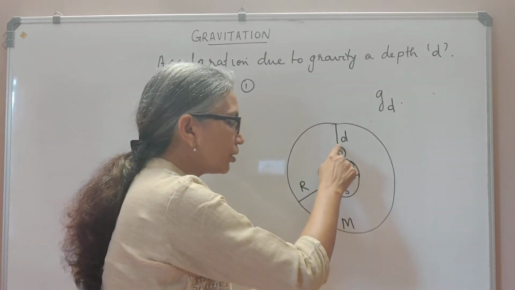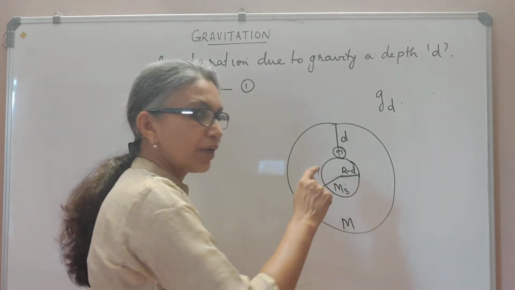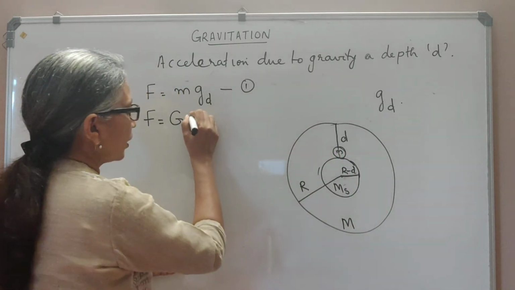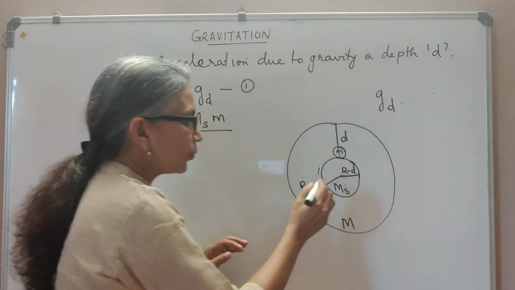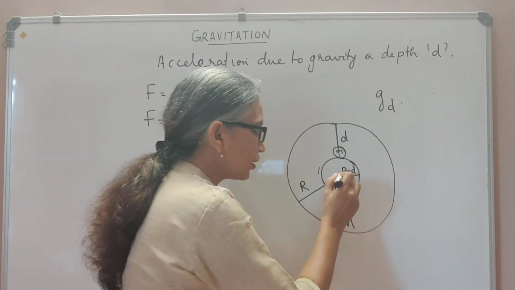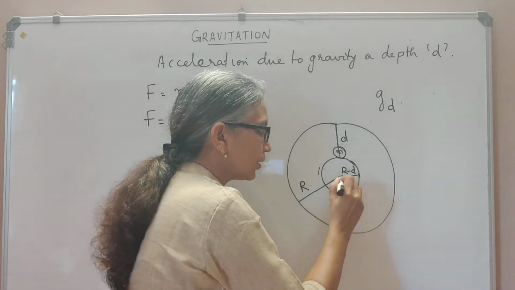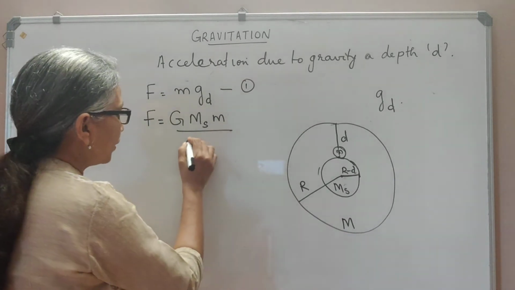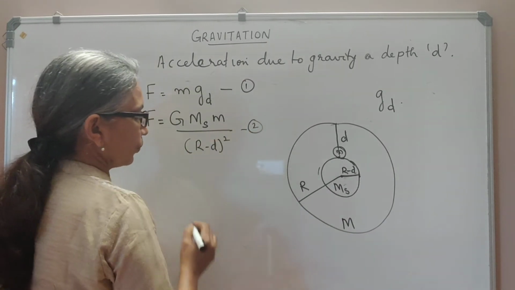Now this small mass is on the surface of the mass ms, so the two masses m1 and m2 are going to be ms and m. So we may write G ms into m by the distance between the centers of the two bodies, which will be R minus d, the whole square, which is my equation 2.